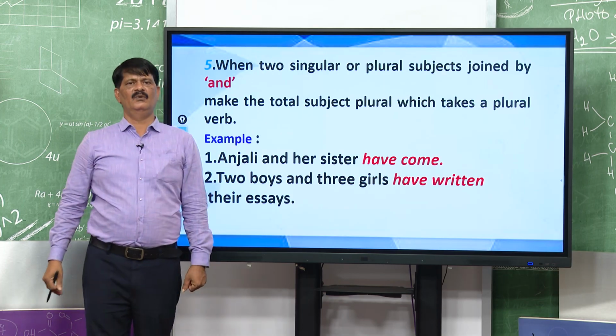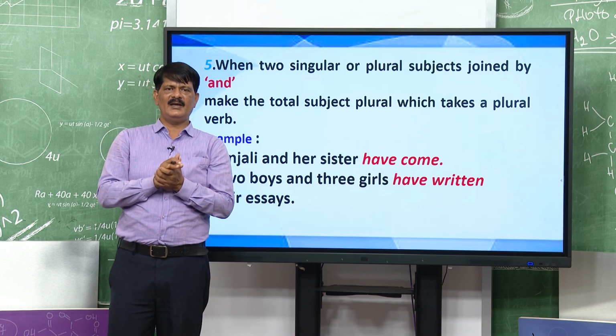Number 5: when two singular or plural subjects are joined by "and" to make the total subject plural, it takes a plural verb. There we just discussed it will be singular, but here it is plural. You see the example. "Anjali and her sister have come," because Anjali and her sister are two separate persons, not a single unit.